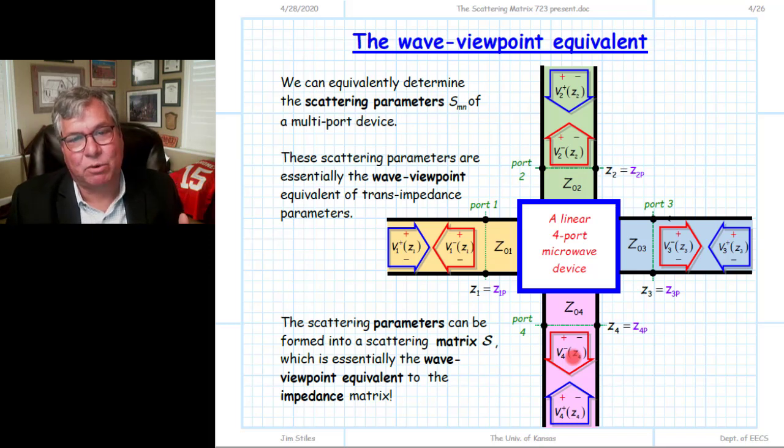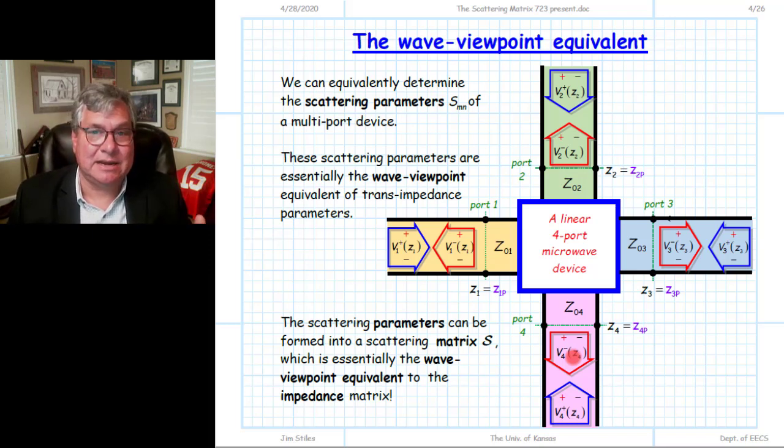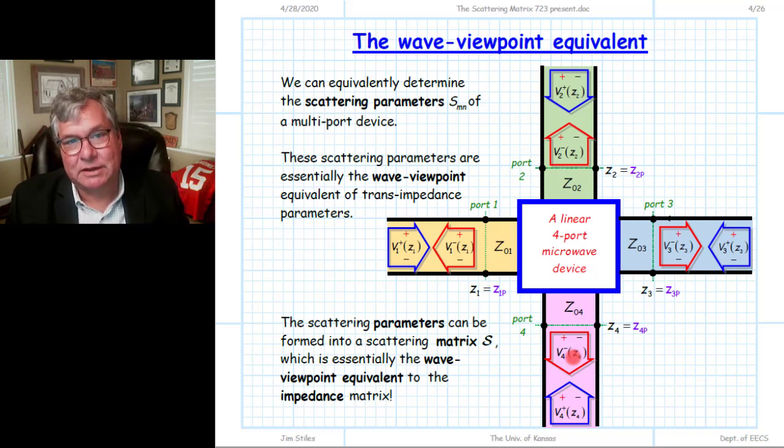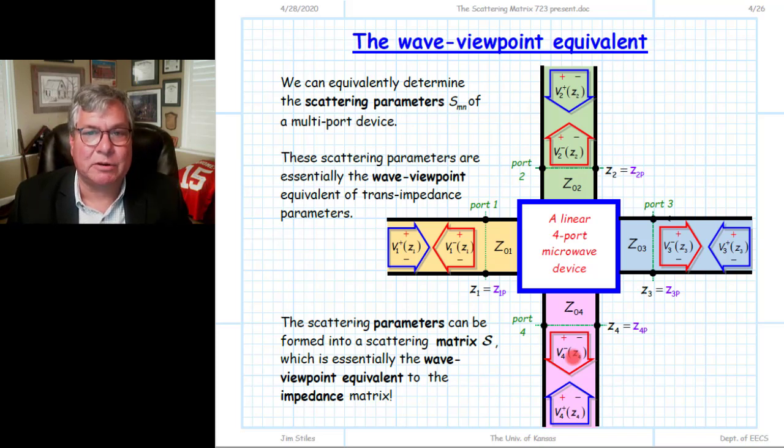For the case of a 4-port device, we have 16 different scattering parameters, just like we have 16 different transimpedance parameters. And we're going to form those scattering parameters into a 4x4 matrix that we call the scattering matrix. When you think about this, this is similar to taking our input reflection coefficient of a single-port device and now expressing it in matrix form for a multi-port device.